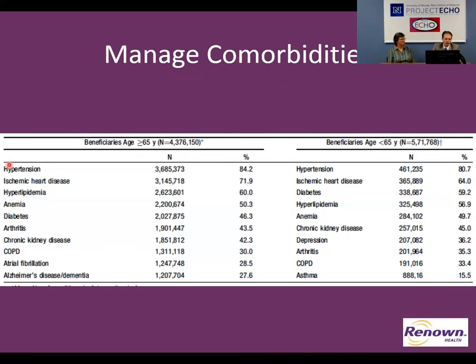Their likelihood of ischemic heart disease is very high, 70%. So think about that, and ischemic evaluation, lipids, anemia, diabetes, all of the same things. AFib is much more common in people over 65 with heart failure. And then, of course, always we have to worry about cognitive impairment and how that interacts with everything else.